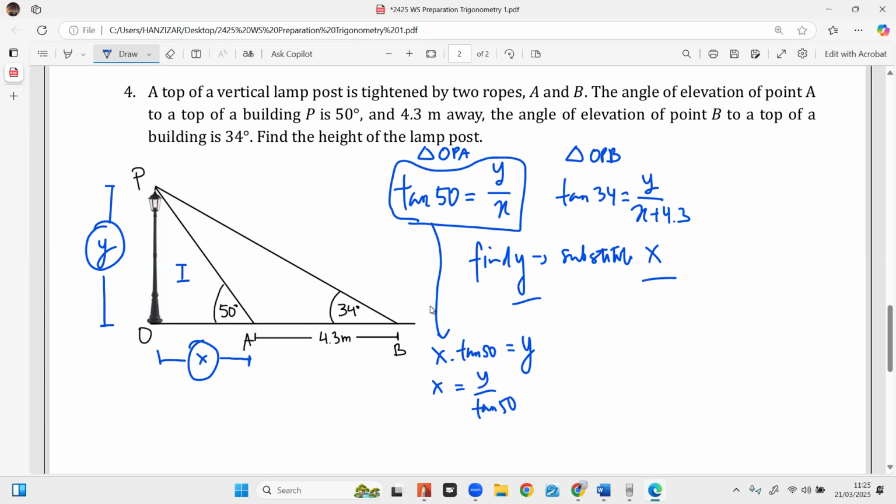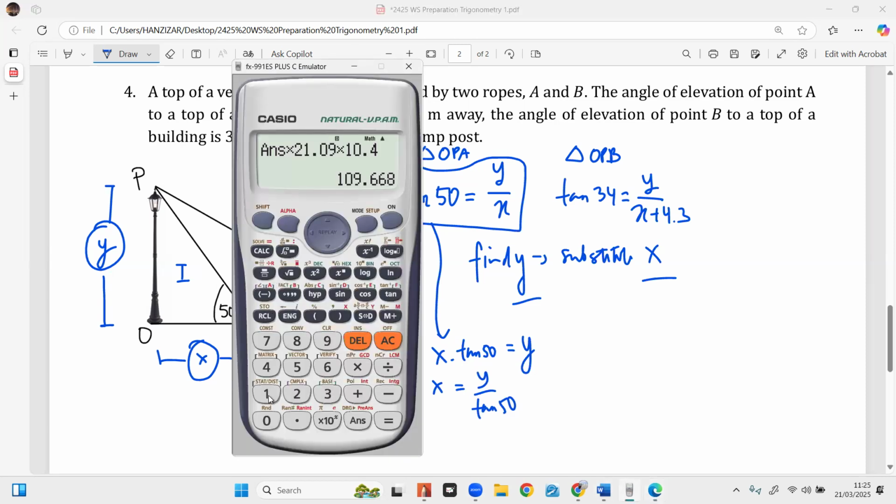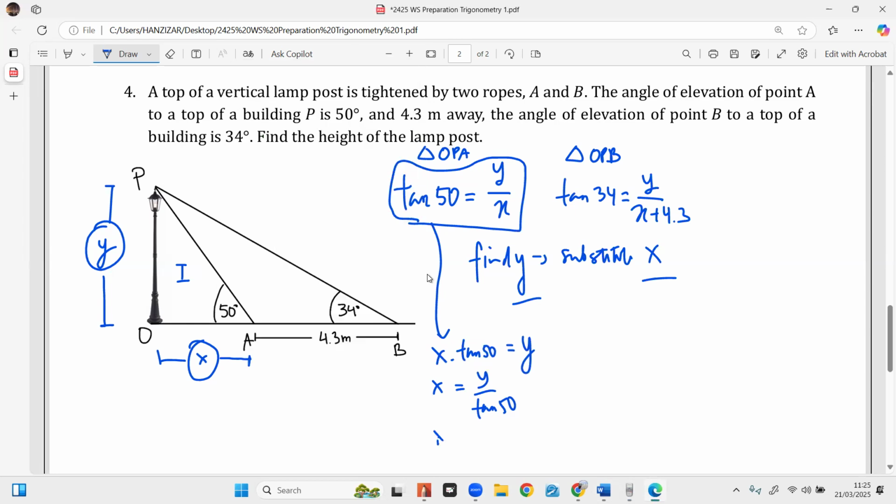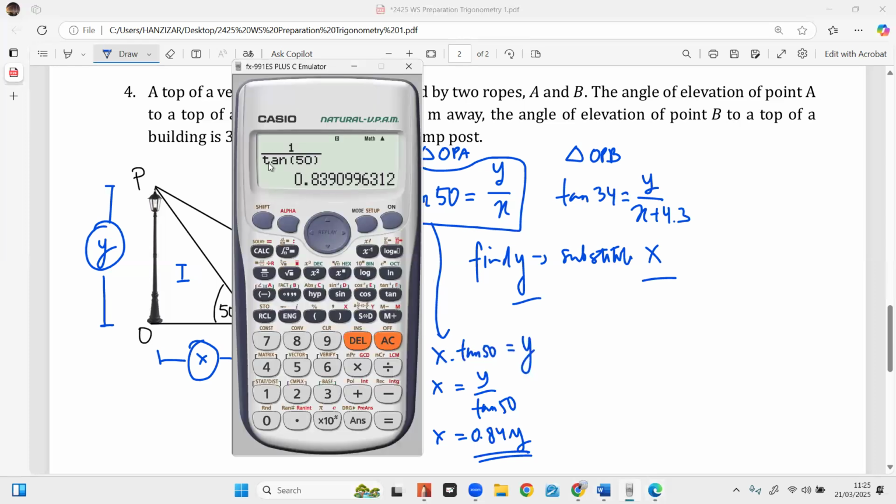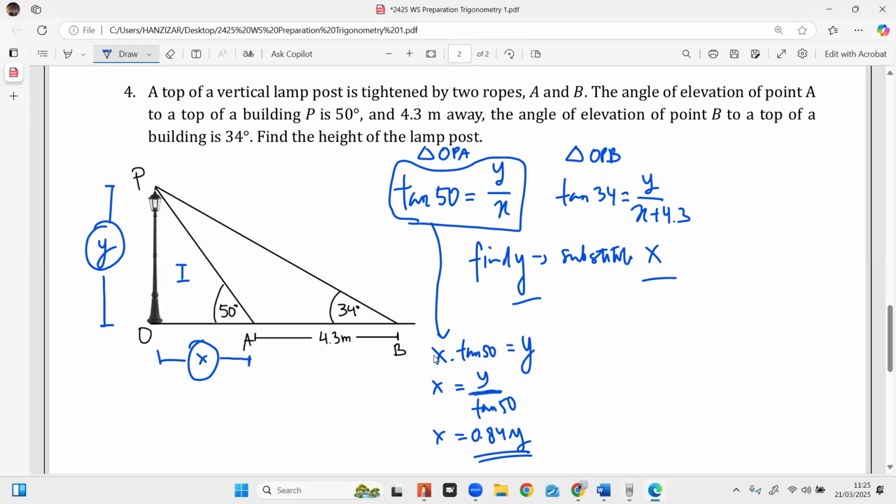That's the first thing first. Y over tan 50. So we are finding 1 over tan 50. Why do I have to put 1? Because tan 50 is on the denominator. So we have 0.84. 0.84Y. So X equals 0.84Y. Remember, 1 over. Why 1 over? Because it is located underneath the fraction, on the denominator.